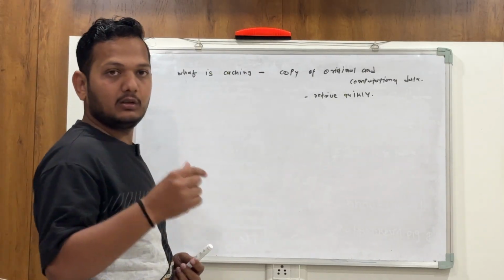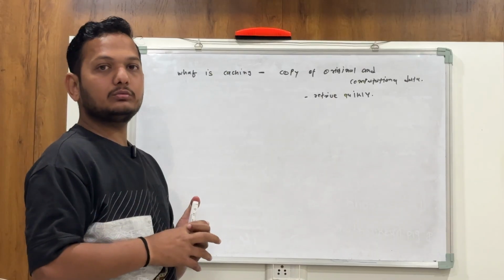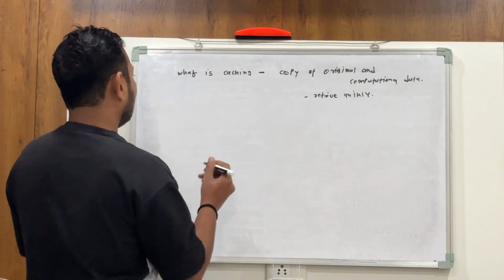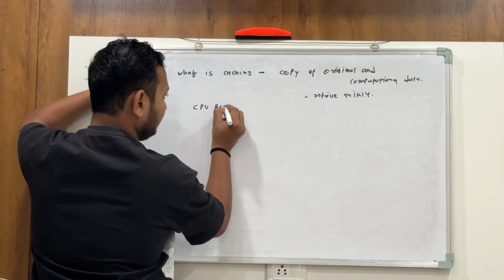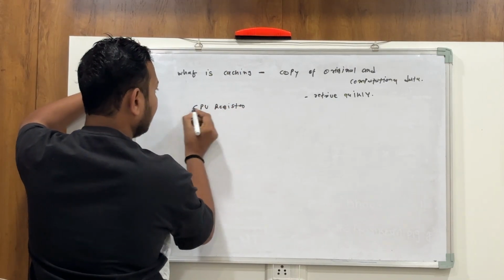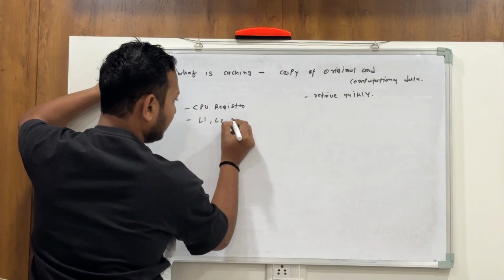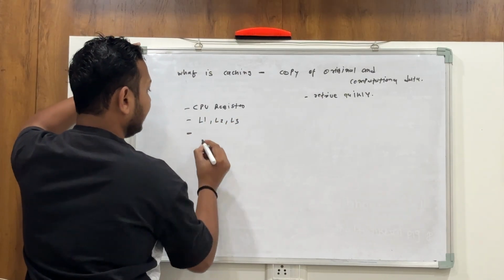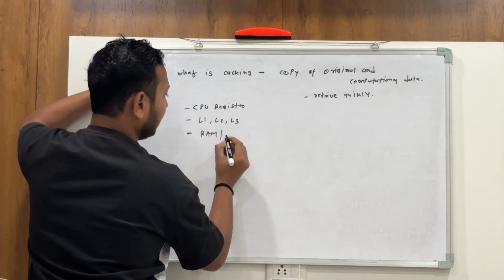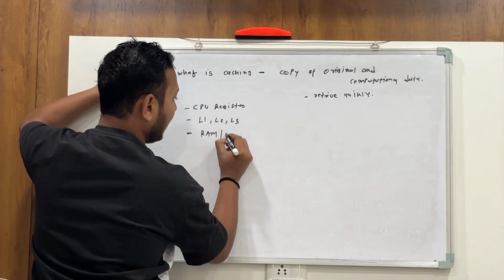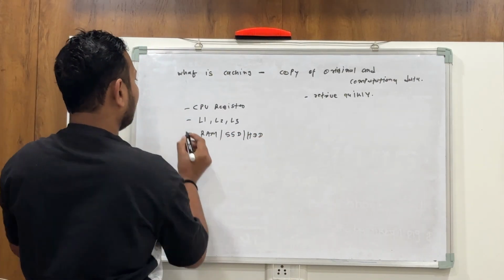The memory very near to the CPU is the CPU register. Then we have L1, L2, L3 cache, then RAM, then SSD, and then hard disk.